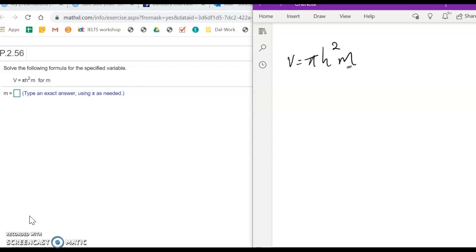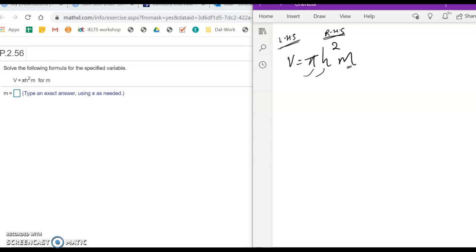So we have to keep m on one side and move all the others to the other side. If this is the left hand side and this is the right hand side, then m should be on one side and all other variables will move to the other side.